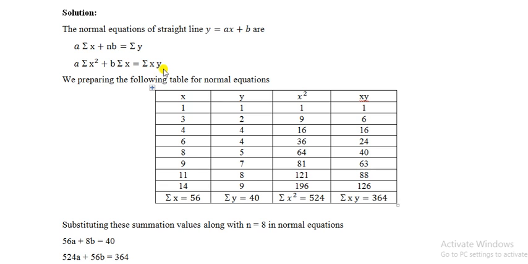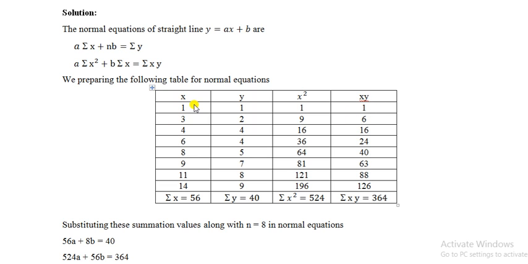According to the normal equations, we require the values of summation of x, summation of y, summation of x square, then summation of xy. So now prepare the table: first column is x, second one is y, third one is x square, fourth one is xy.